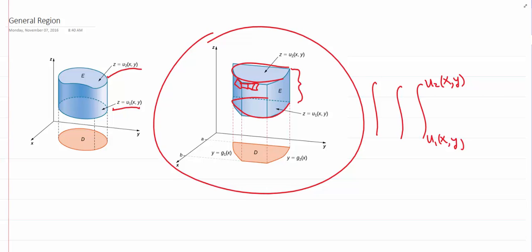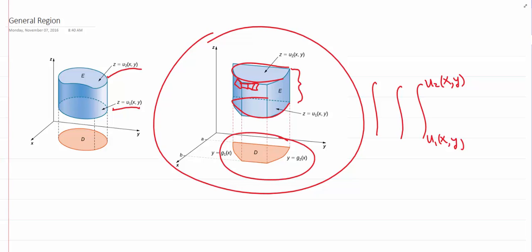Now, we've determined what Z does. Let's determine what X and Y do. At this point we're looking down at the XY plane, and notice they have defined for us what Y is.